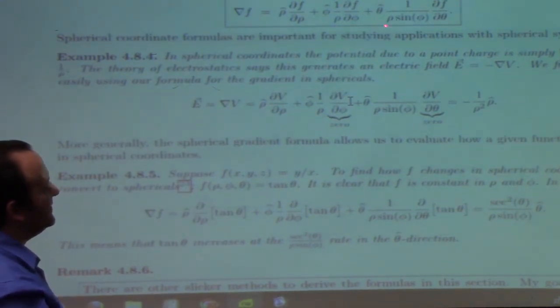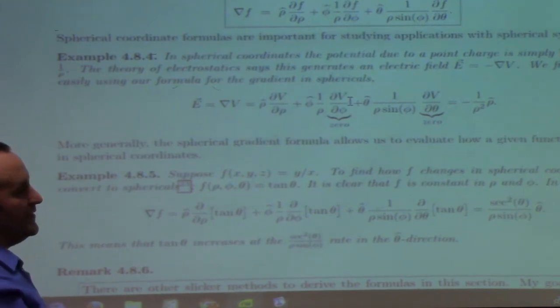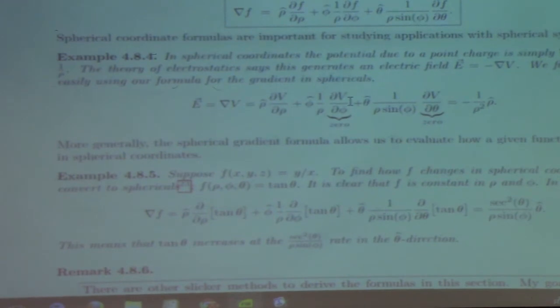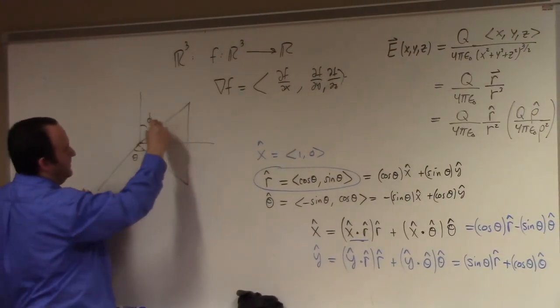Now this makes so much sense if you think about the interplay between spherical and cylindrical coordinates. What is r in cylindrical coordinates versus spherical coordinates? Do you guys remember? We draw the picture. We have the point. We drop it down to the xy plane. This is theta. This is phi. What's r? This is rho.